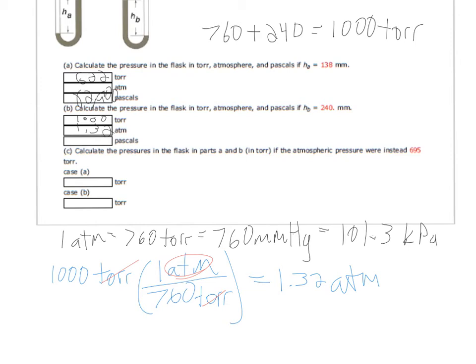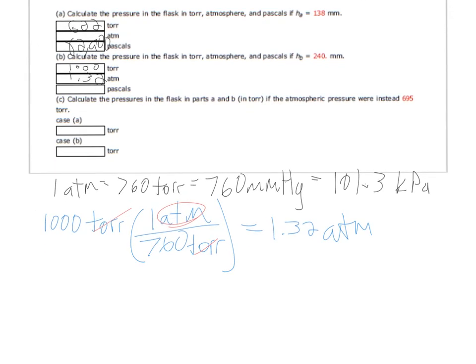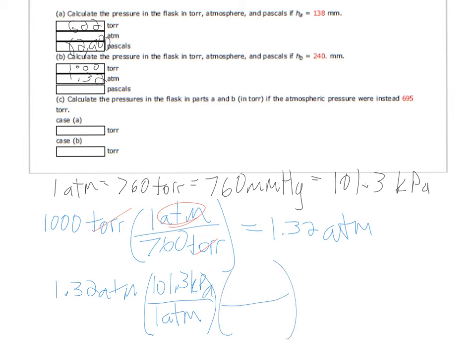To answer the number of pascals, we can keep working with those different units. Let's start with what we had worked out earlier, the pressure in atmospheres. For every 1 atmosphere, there are 101.3 kilopascals of pressure. And for every single kilopascal, there are 1,000 pascals based on our metric prefixes.